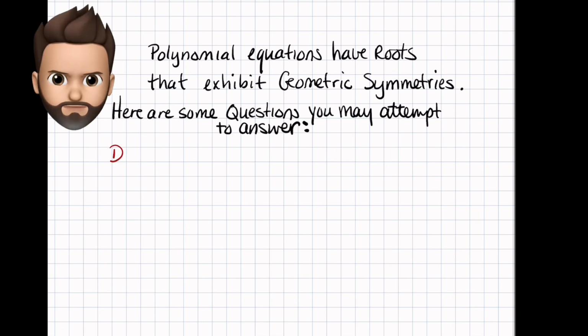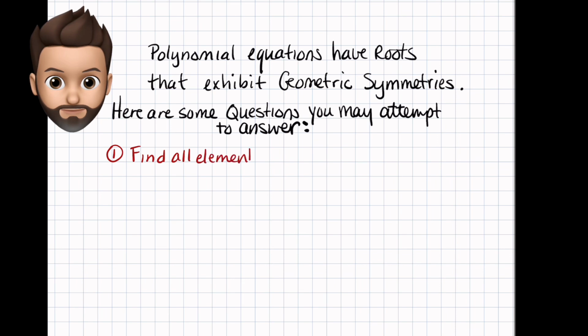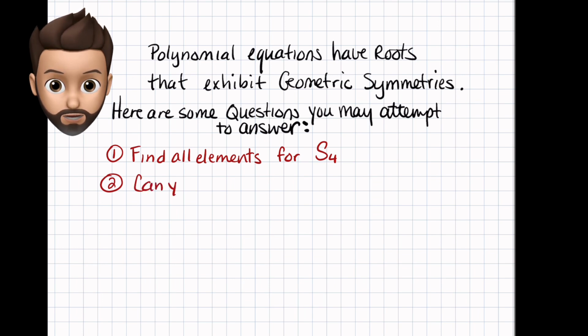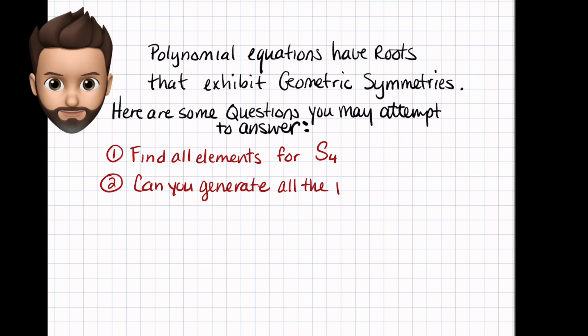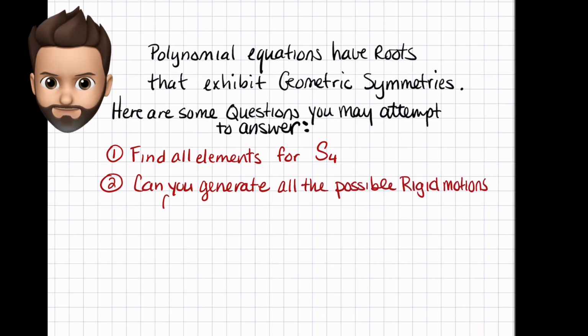I leave you with a few questions for you to attempt. 1. Find all the elements for the symmetric group S4. 2. Can you generate all of the possible rigid motions, that is, possible congruence transformations for a square?